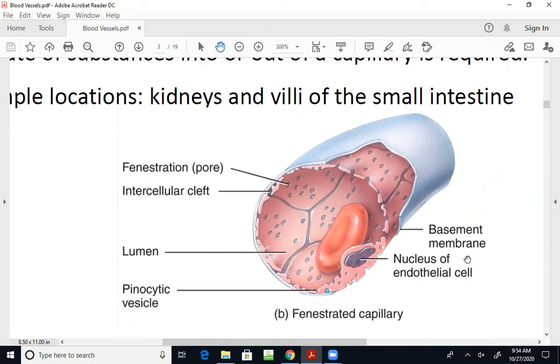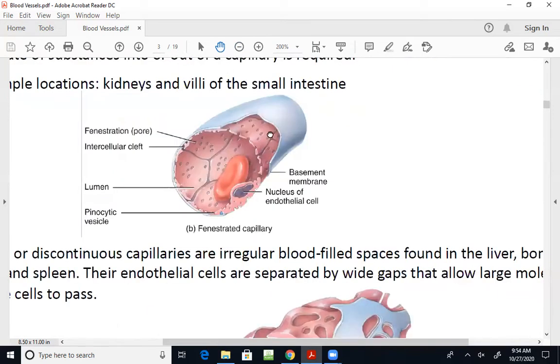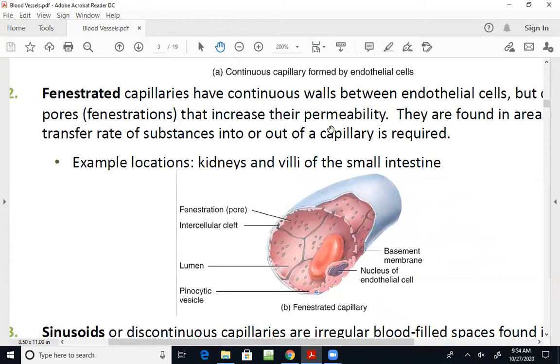You dump the boiling water and the pasta into the strainer. Water is going to easily pass through the holes of that strainer, just like it would be able to do here. Whereas the bigger stuff, your noodles, which would be like your red blood cells, are going to have to stay because they're too big to fit through those holes. So they're more permeable, which just means stuff can pass through them more easily.